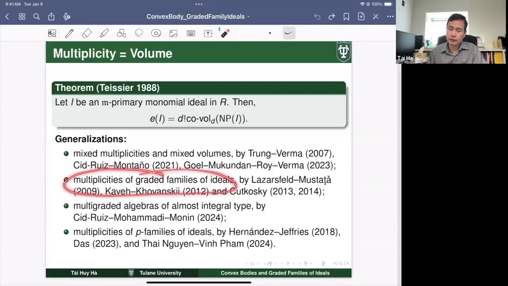Over here, one looks at graded families of ideals, and the geometric object would be the Newton-Okounkov bodies, and over here the geometric object would be what they call the global Newton-Okounkov body, and here the geometric object that they look at is the pyramid associated to the family. So my focus today would be on these directions, where instead of looking at the multiplicity of an ideal, we look at the multiplicity of a graded family of ideals.